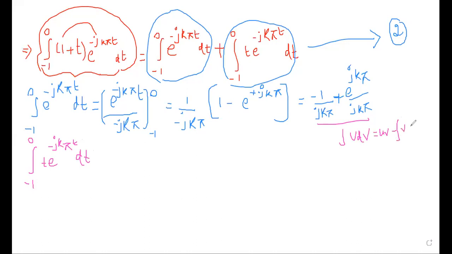I hope you all remember this. Why is it like u dv? Because here I have t multiplied with an e power term that is also having t. If it is like that, then I cannot directly use the existing integration formula, so I have to solve this first using integral u dv is equal to uv minus integral v du.